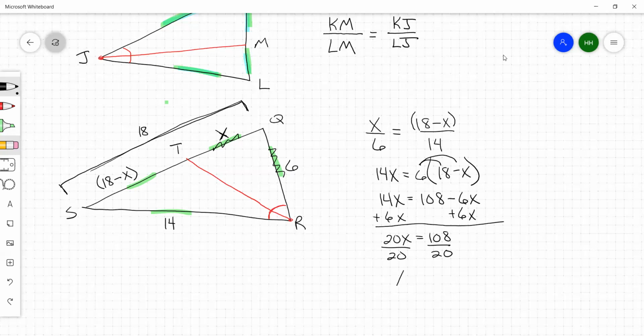So our X is equal to 5.4. Does that make sense to everybody?